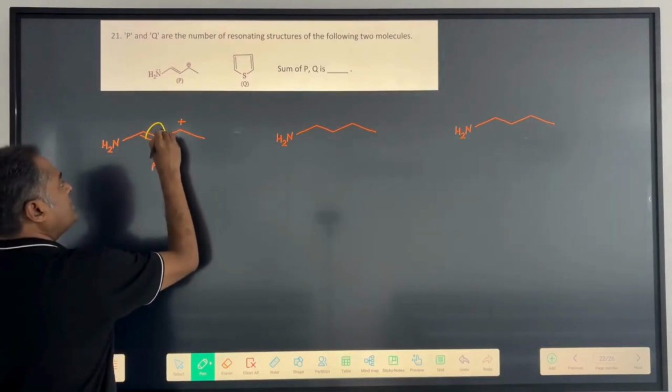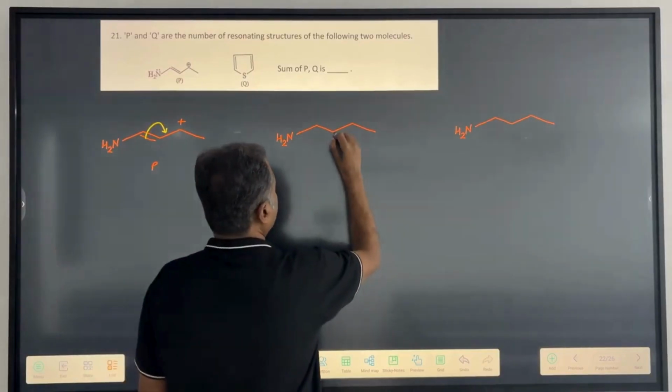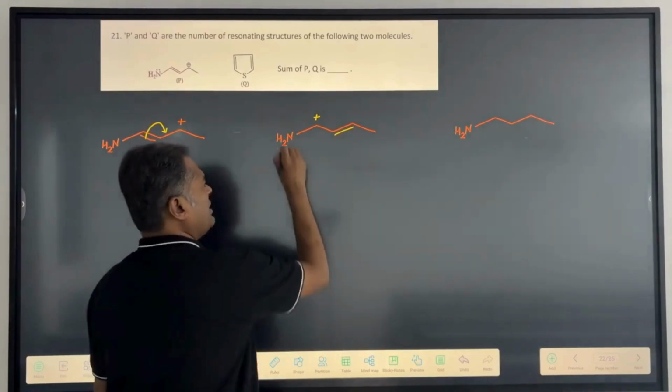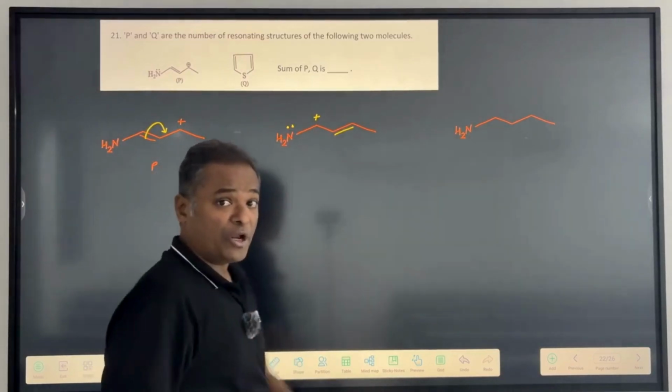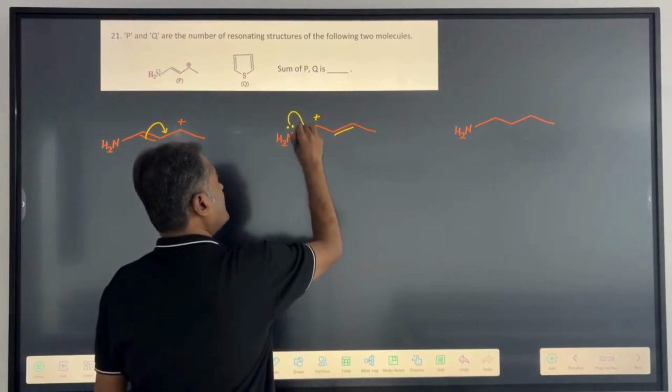Yes, so the pi bond will get shifted over here, and the new positive charge would get developed over here. Now we have a lone pair over here, and a positive charge and a lone pair on an adjacent atom is a case of back bonding. So this electron also will get delocalized.